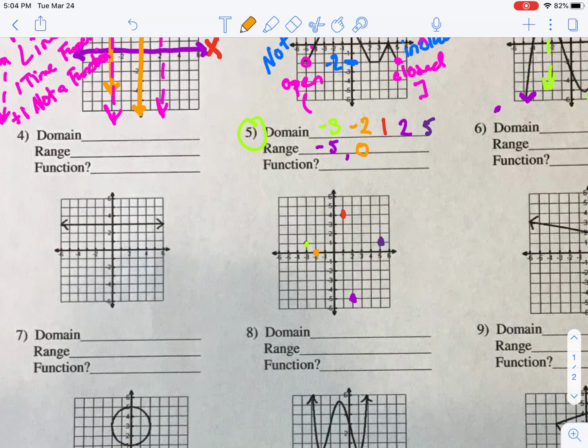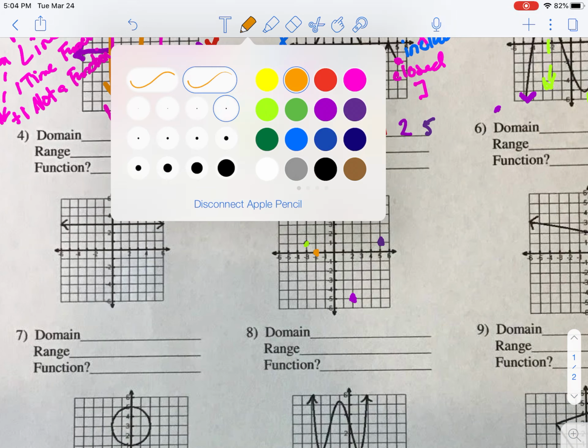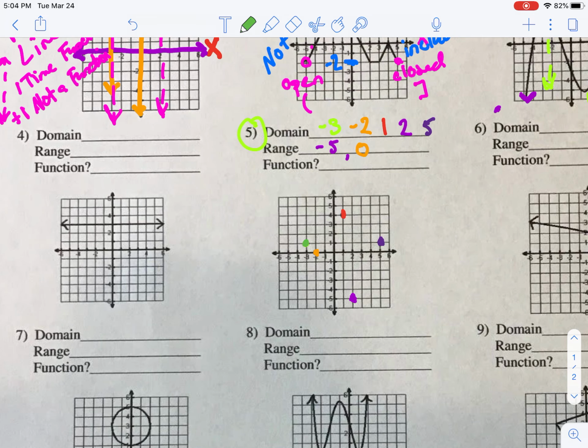If we go to our next 2 points, I'm just going to do it a different color so you guys can see. We got this point and we got this point. They're both at the same y value, so we're only going to write that once, and it happens to be number 1. And our last point, the red point that we made up here, has a y value of +4. Perfect. So there's our domain and our range.